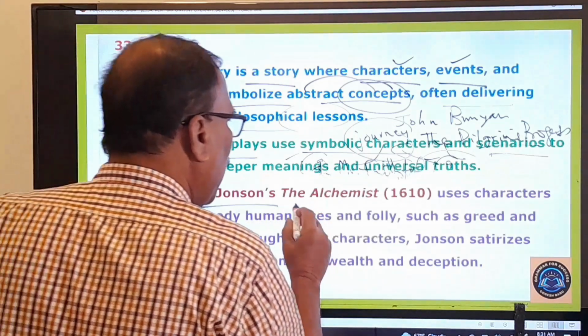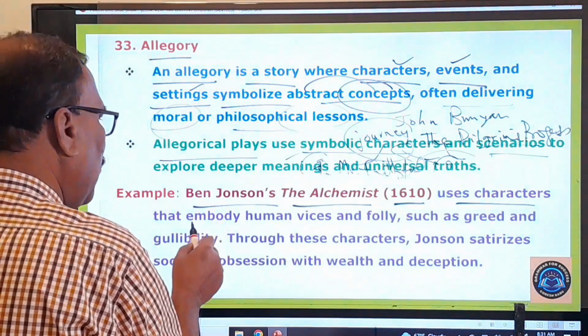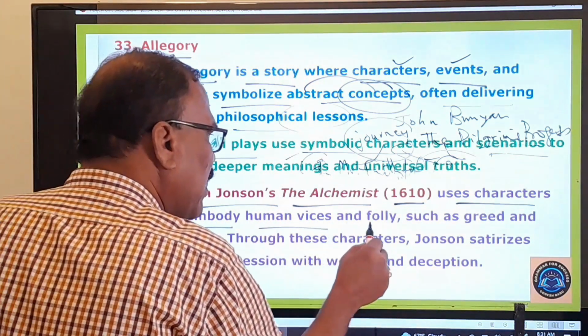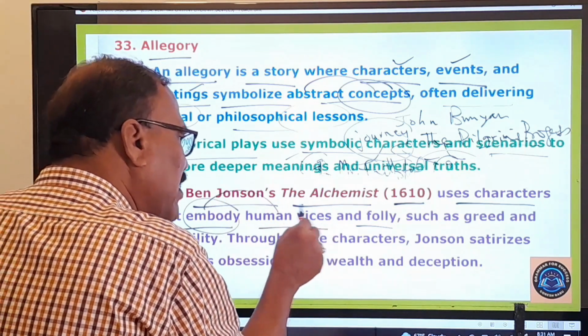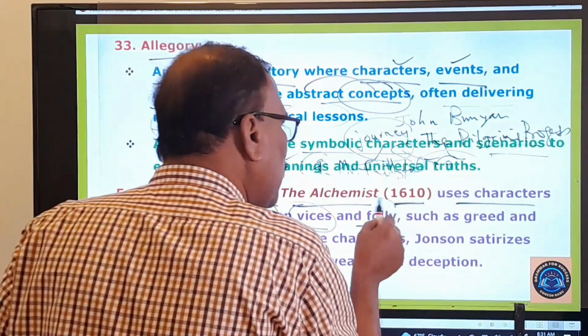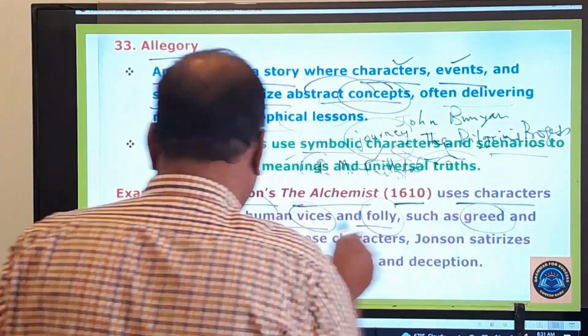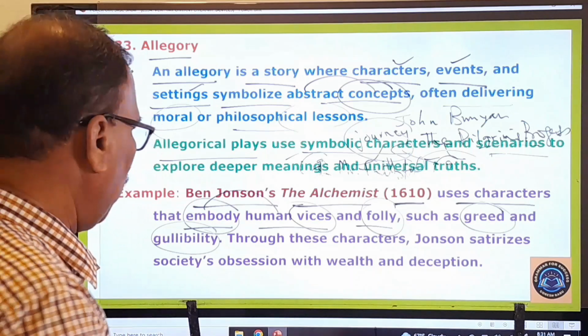Ben Jonson's The Alchemist, 1610, uses characters that embody human vices and folly. Embody means to represent human vices. Vices means evils or ills and all that. Folly means some stupidity, such as greed, such gullibility. Greed means avarice. You know that very well.